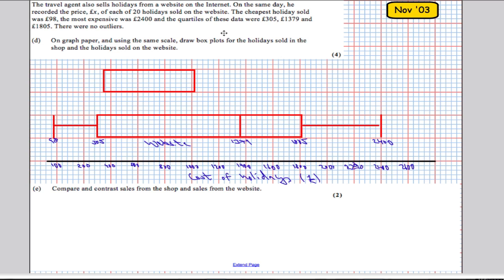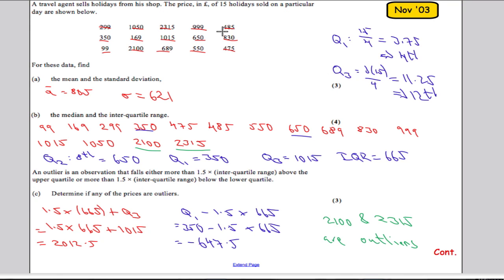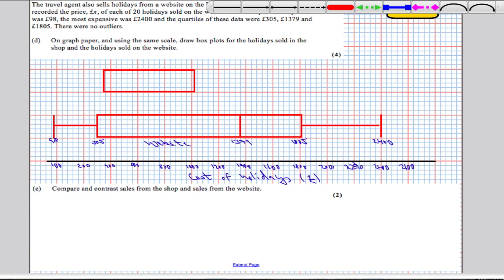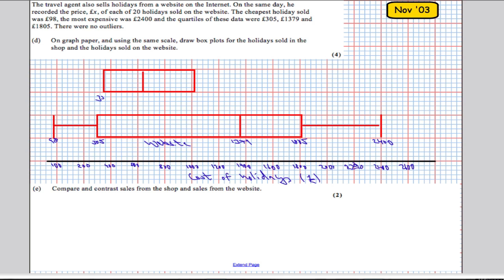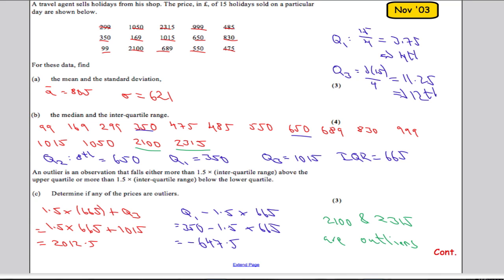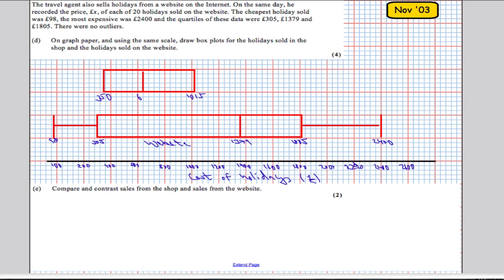Right there. And the median was 650. So let's mark the median in. 650 is right in the middle between 600 and 700. So we can write these in as well: 350, 1015, and then the median was 650.